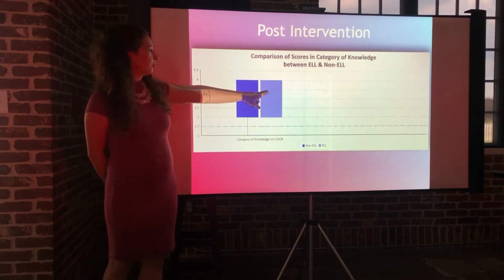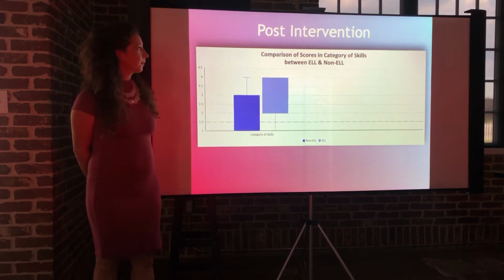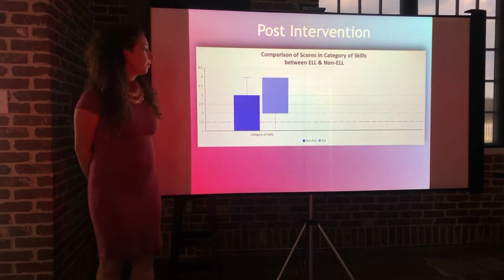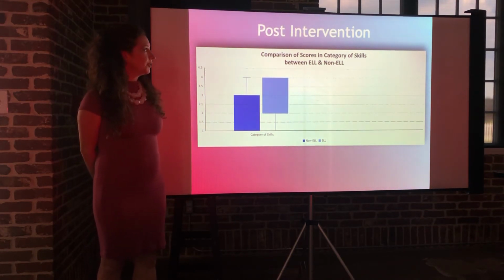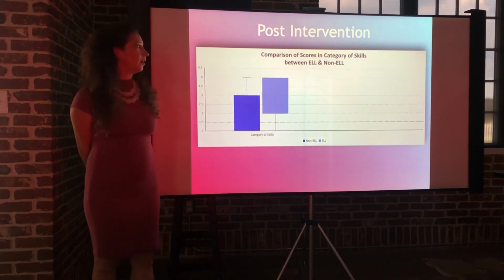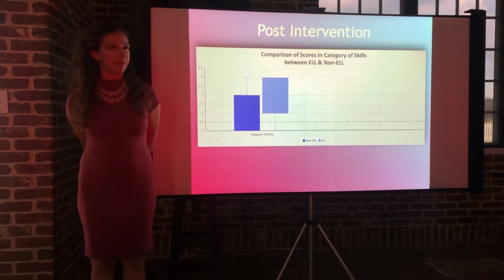So their average score was higher than those who are non-ELL learners. When looking at the category of skills, we see that the ELL learners had a higher average, although, when looking at the stats, this was not a significant difference.